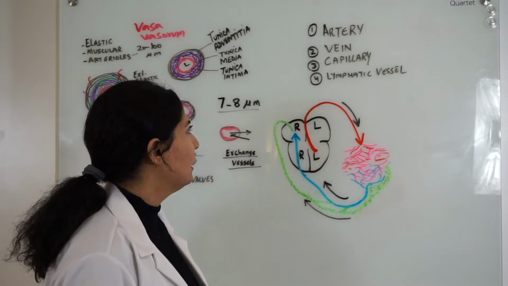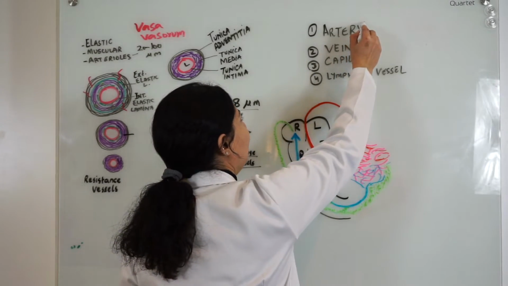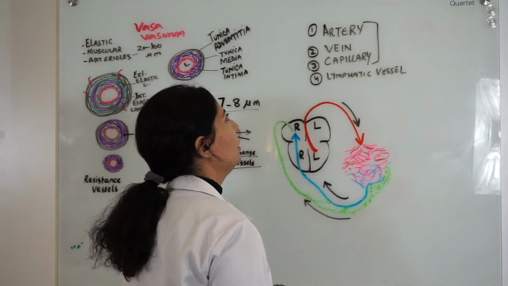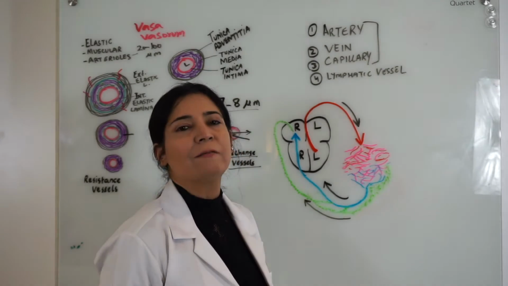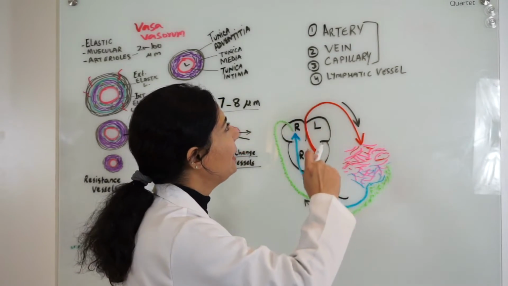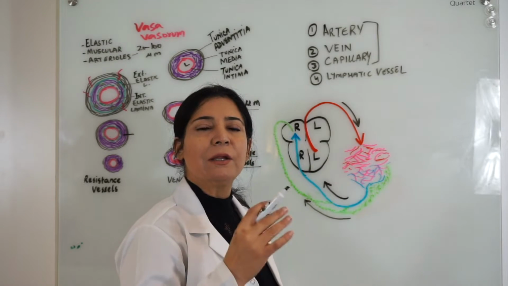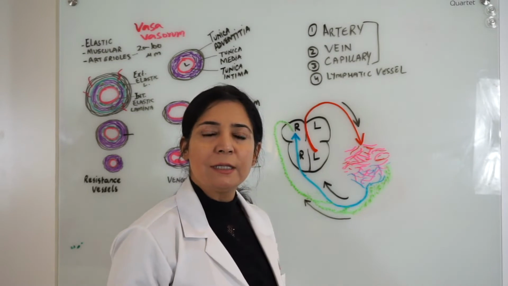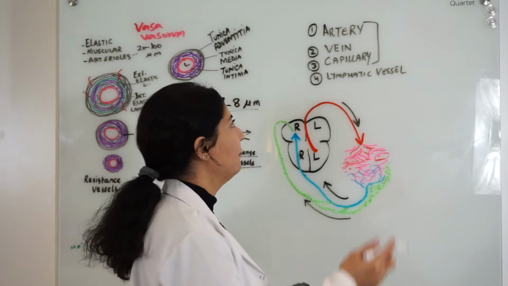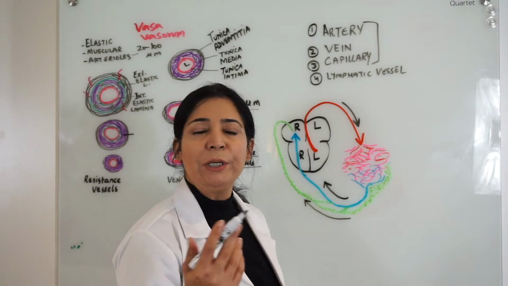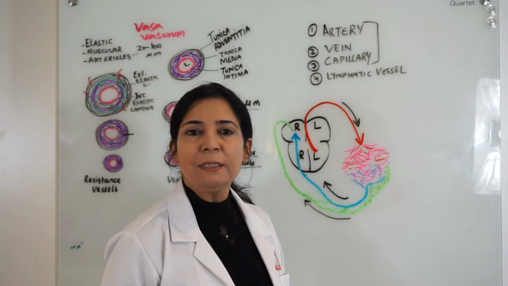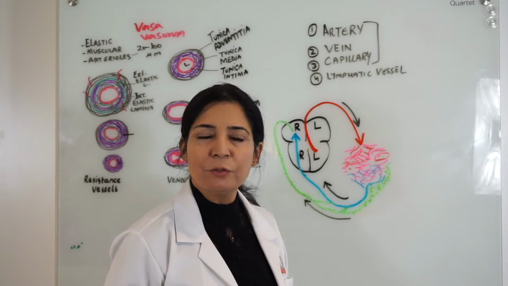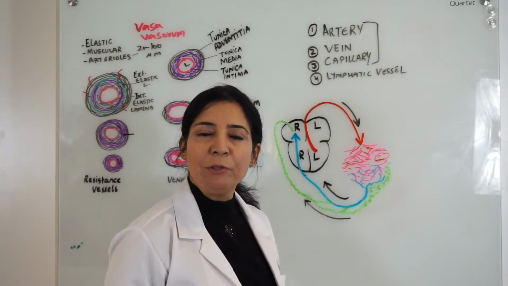Now we are almost done with the vascular system. So we are done with all these three components of the vascular system: the arteries, different types of arteries, their structure, the differences in their walls, their functions, then the veins. Then we did talk about the valves present in the veins, what are the functions of those valves, and then the capillaries.